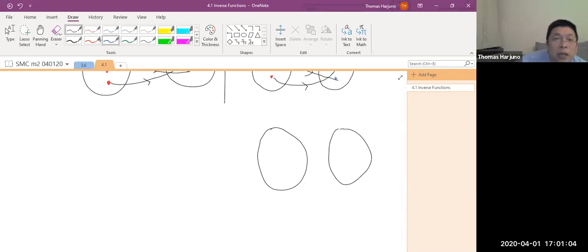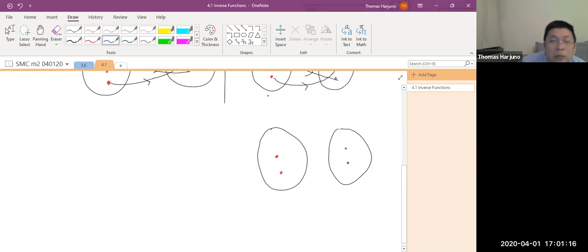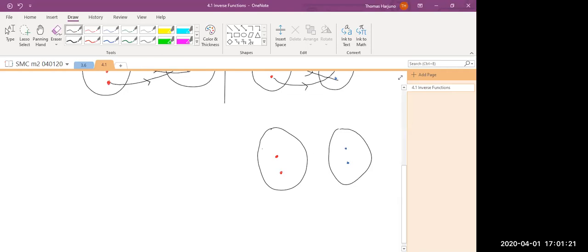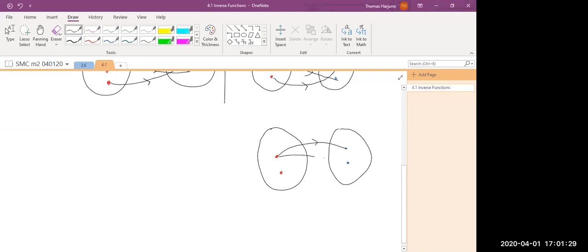So let's say I have this guy here, and this guy here, in which from the domain it goes to two elements in the range.